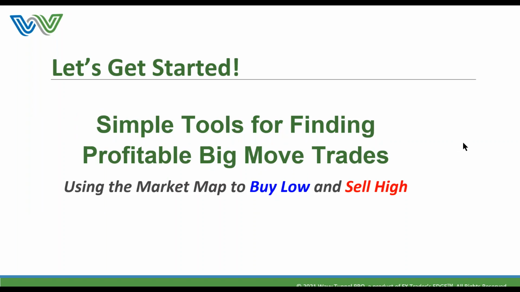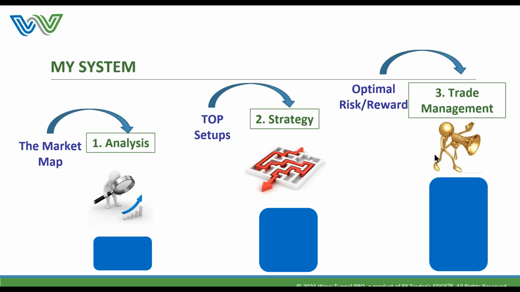Simple tools for finding profitable big move trades using the market map, which I showed you, to buy low and sell high. In my system, I follow three things. First is the analysis, looking at the market map, deciding, are we in a trend? I do a top-down approach. Are we in a trend? Are we in a correction on the smaller time frame where I can pick up the trend? This is part of the analysis.